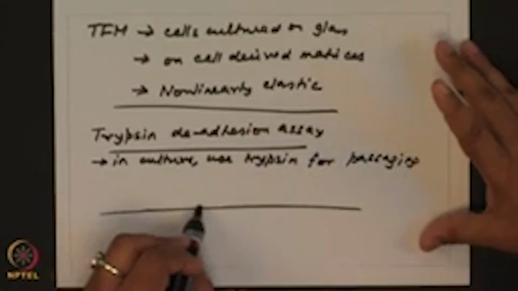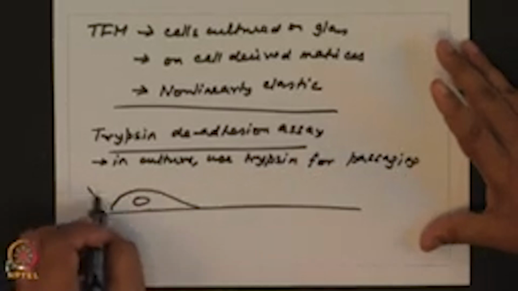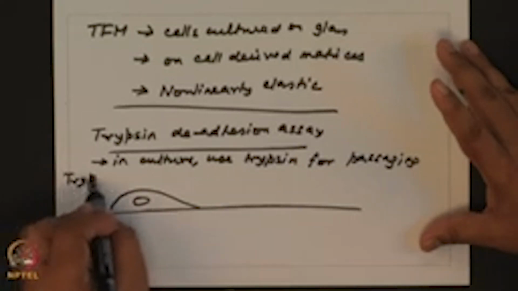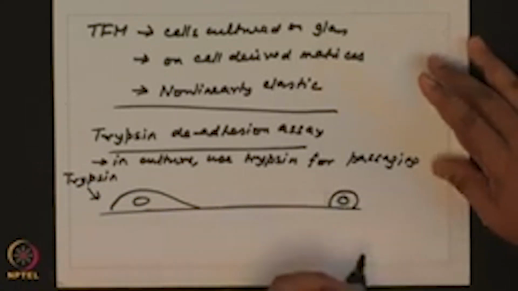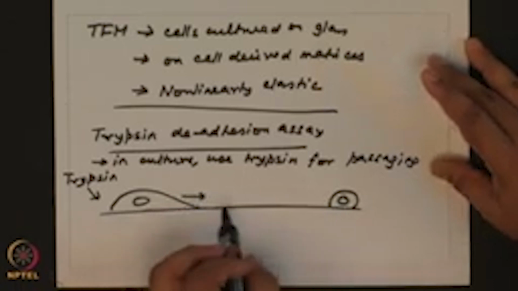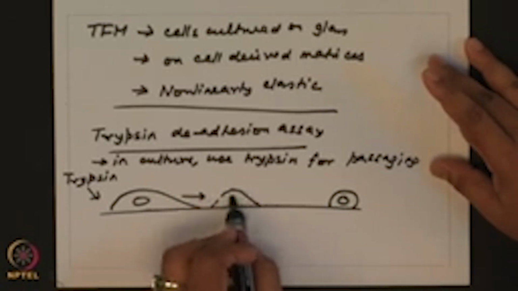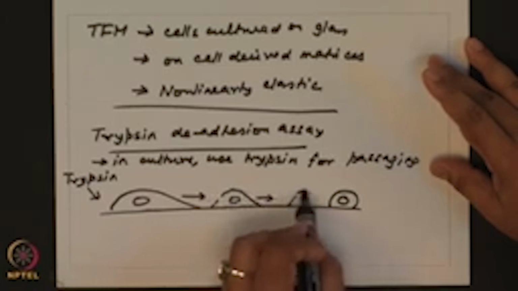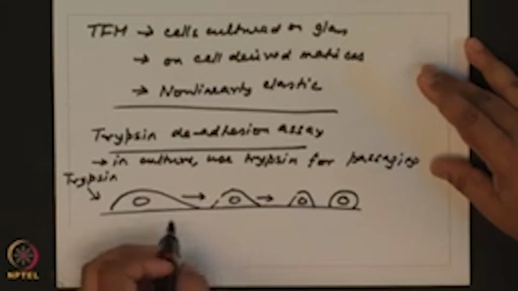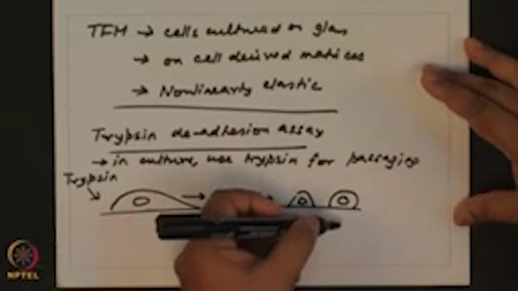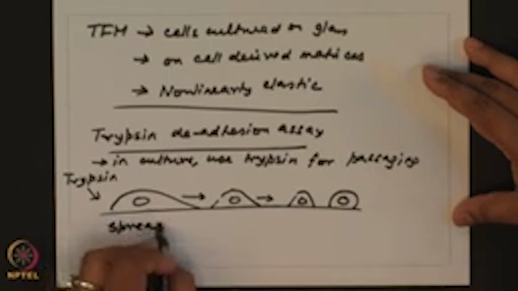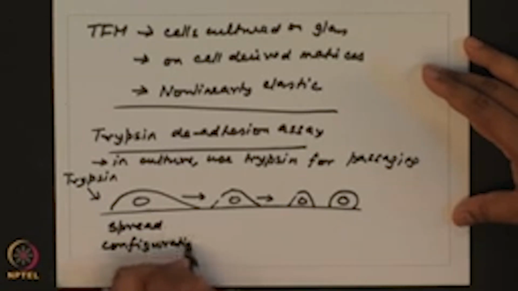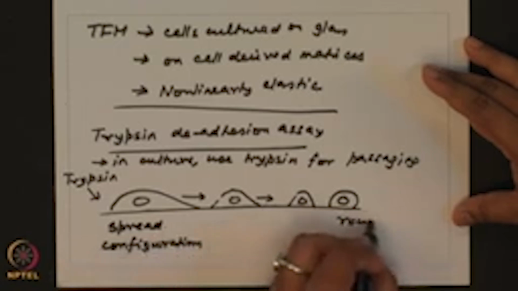If you have a cell which is adherent and you add trypsin, then at some point of time it should round up. In between you would have a range of different configurations where the extent of rounding up is increasing. So, the cell goes from a completely spread configuration to a round configuration.